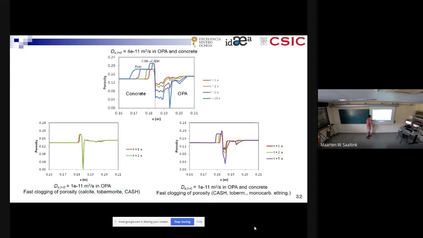If I do it only on the Opalinus Clay side, I get clogging of porosity very quickly. After basically 1 year, porosity is really clogged with secondary minerals, so this is not what is observed. If I do both sides, I get a faster clogging of porosity, but still not quite like in the observations.